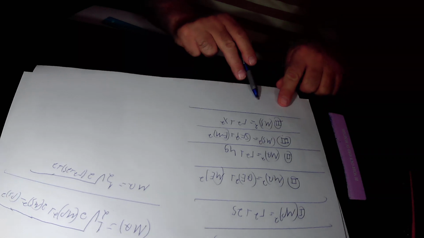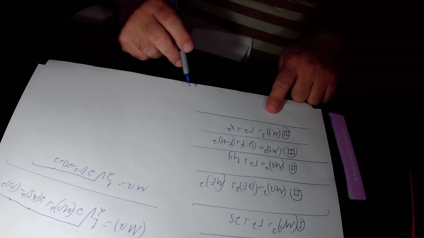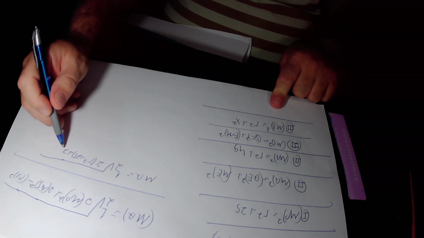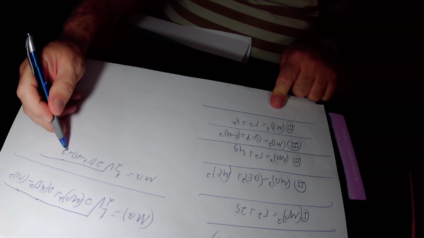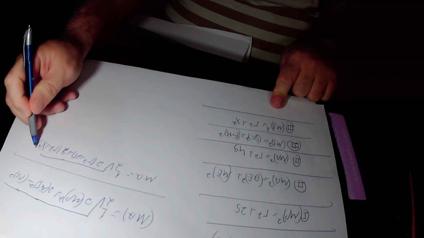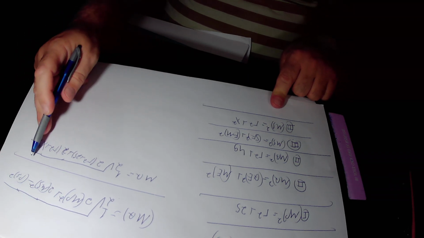MS squared, according to this equation 2, equals r squared plus x squared. So we substitute MS squared in this equation by r squared plus x squared. Minus PS squared.